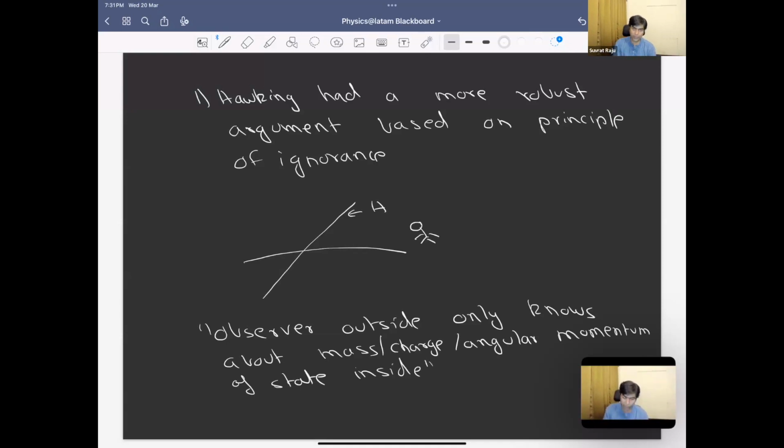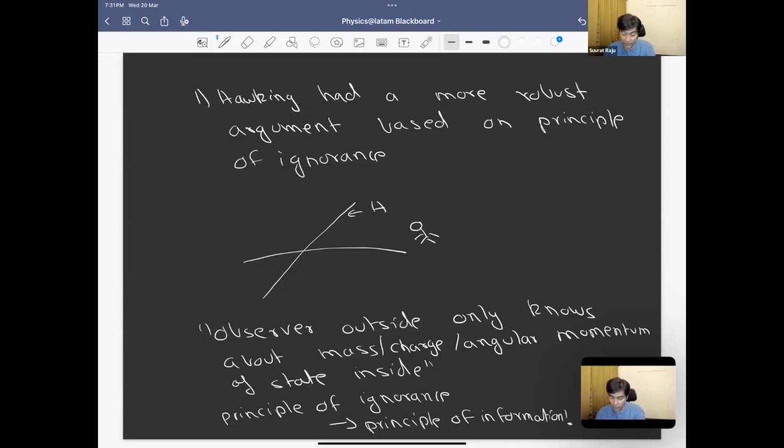What I'm now going to explain to you in the next couple of lectures, and this is another important feature of quantum gravity, is that in a theory of quantum gravity, we will replace the principle of ignorance with a principle of information. And I'll make this more precise. In fact, we'll find that if you keep track of exponentially small effects, which of course you have to, then the observer outside has information about everything inside.